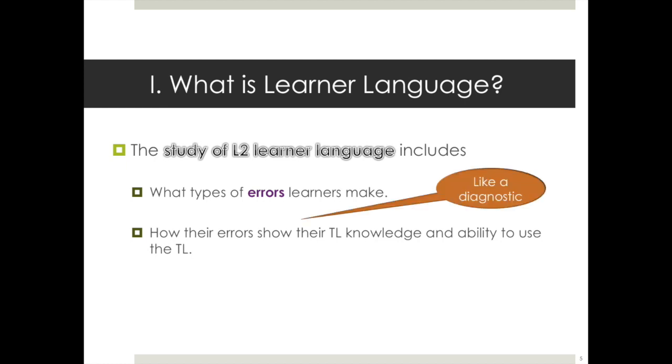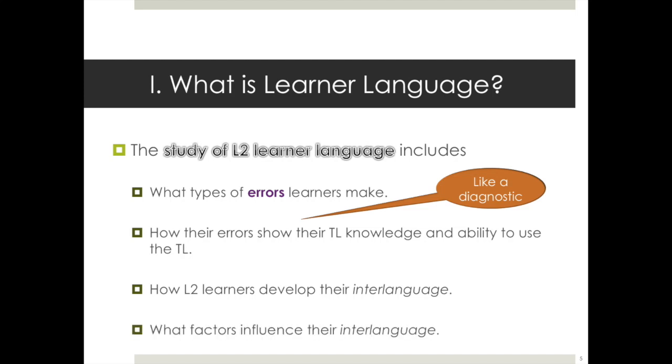It serves as an indication of where they are in their language learning process, and it gives us an indication about how they develop their interlanguage and what factors are influencing their interlanguage. Very general, broad things that we explore when we study the second language learner language system.